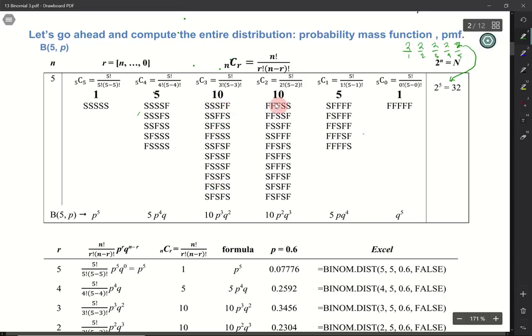Here, it's just the opposite: 2 successes and 3 failures, so they are, quote unquote, mirror images of each other. For every one that has 3 successes and 2 failures, there's one that has 2 successes and 3 failures, the other way around. And that's why they're symmetric.